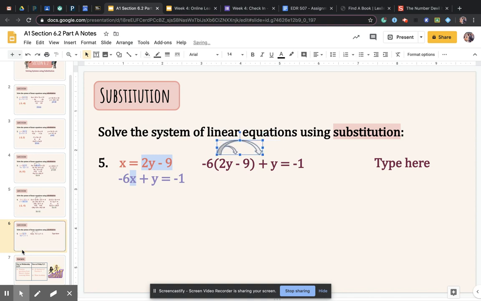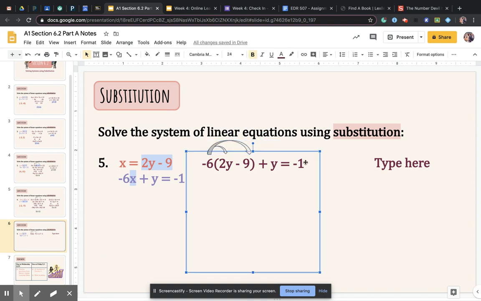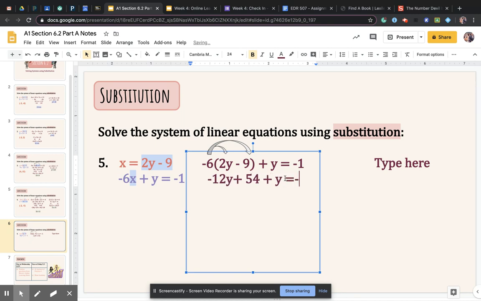So I'm going to distribute my negative 6. Negative 6 times 2y is negative 12y. Negative 6 times negative 9 is a positive 54. And then I have plus y is equal to negative 1.